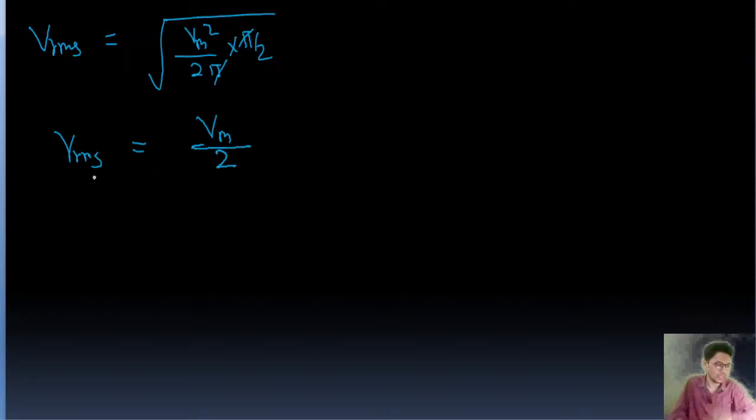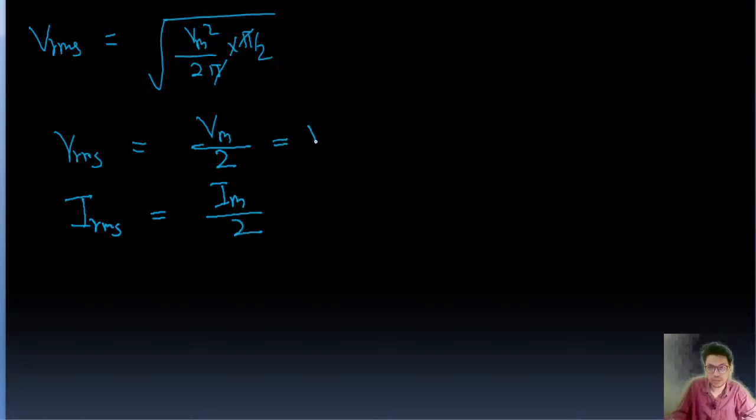And IRMS is going to be Im upon 2. So this value is VAC, and this value is IAC, right? This is the voltage for AC, and this is the current for AC.